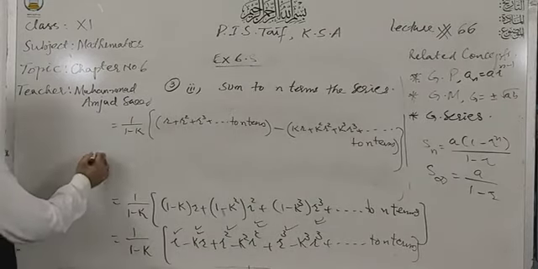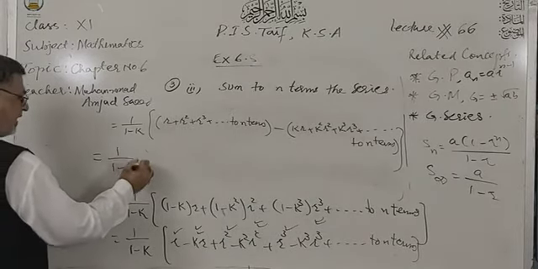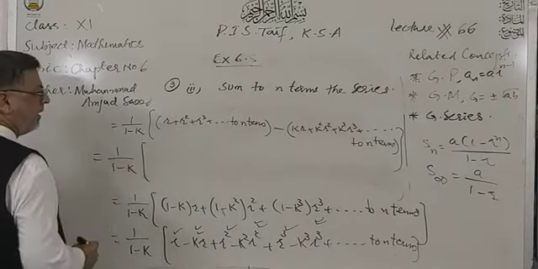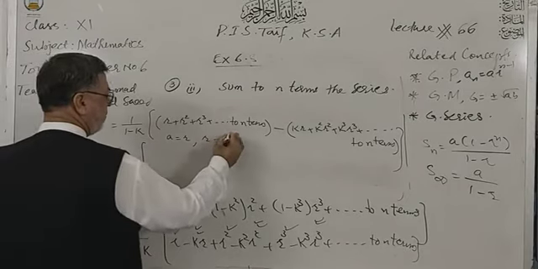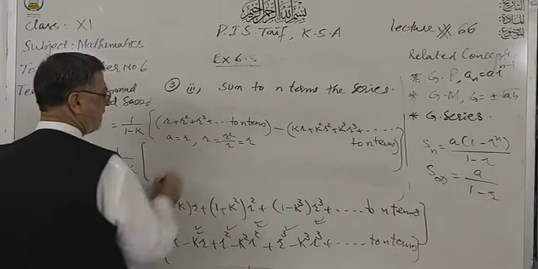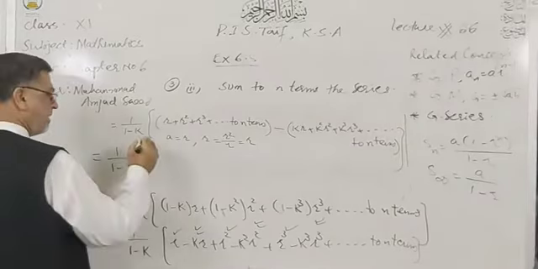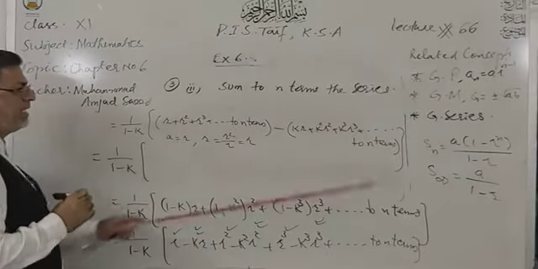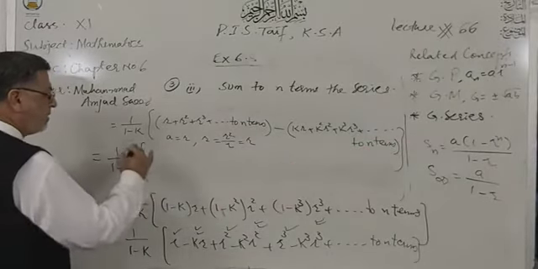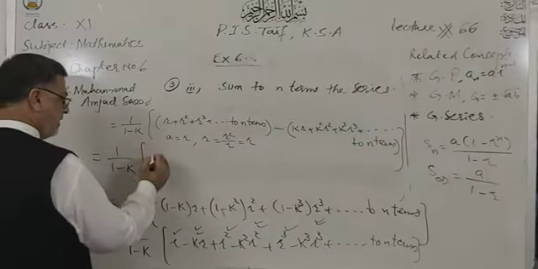Here we have 1 over 1 minus k into, what about a? The first term is r, and the common ratio, second over first, is equal to r. Our formula is Sn is equal to a into 1 minus r to the n divided by 1 minus r.